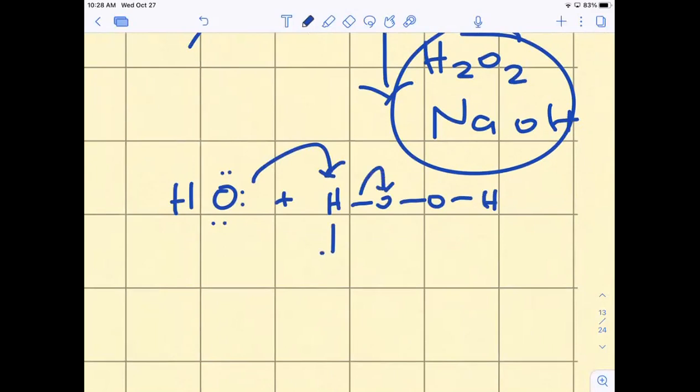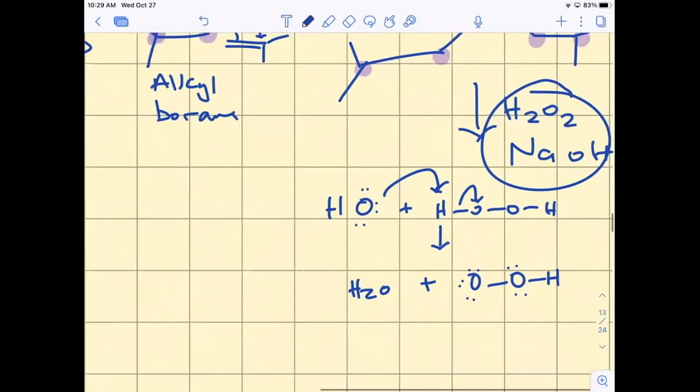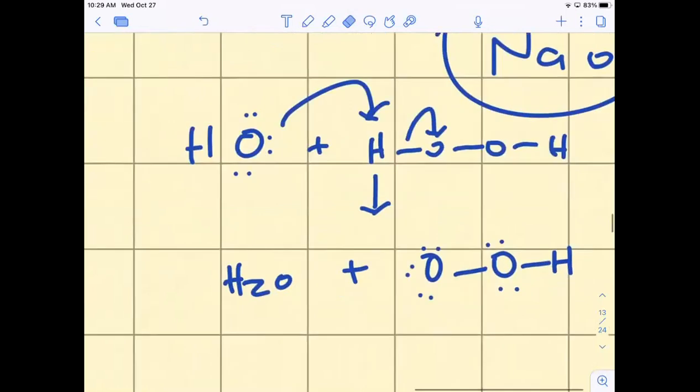And what I'm doing is activating that, because this peroxy anion is going to attack boron. So I'm going to get that plus water, and this is negative, and I have a sodium here as a counter ion.